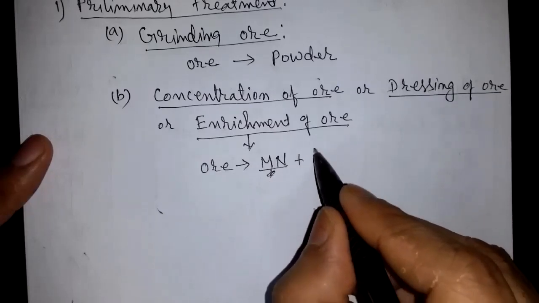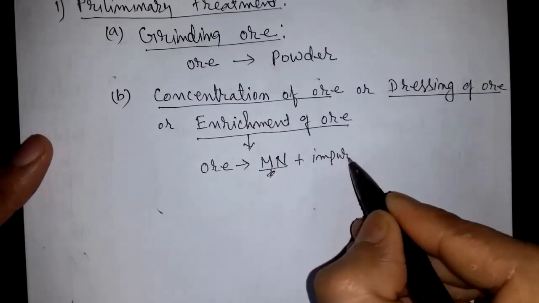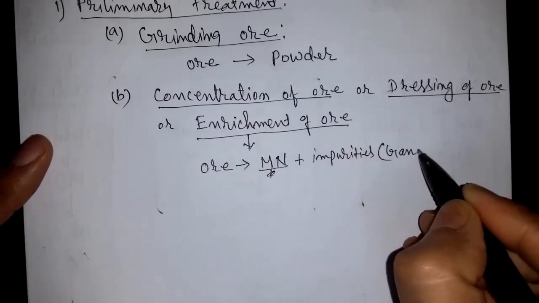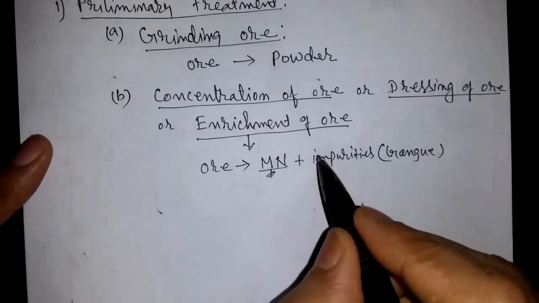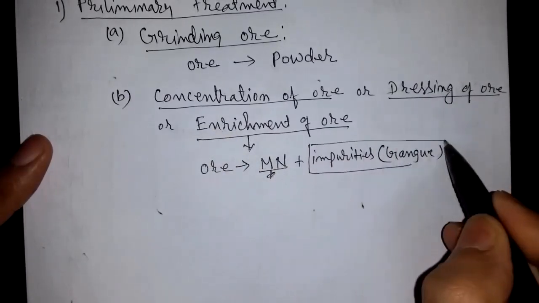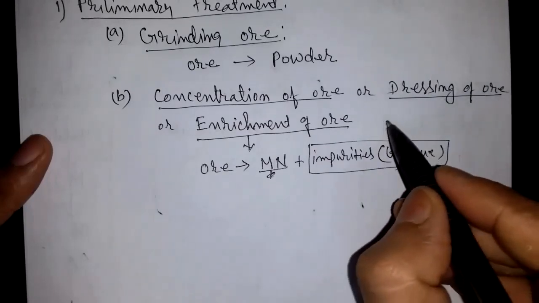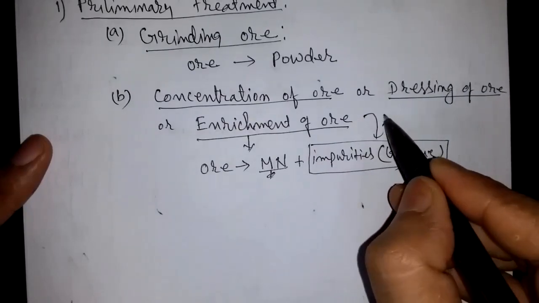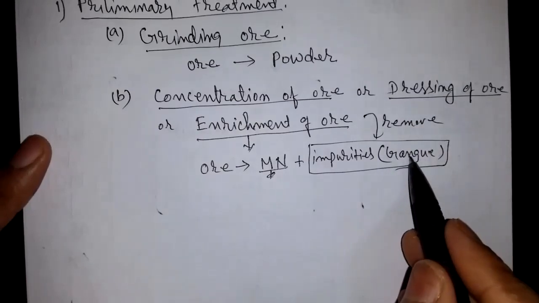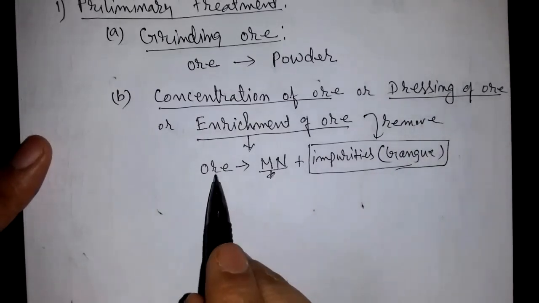This impurity has a name called gangue. So in concentration, we have to remove the gangue, that is, the impurity, from the ore.